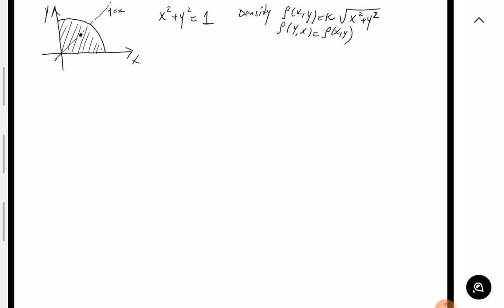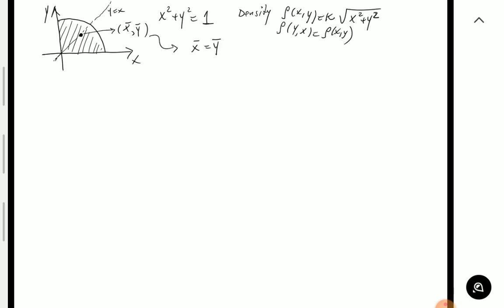That means I know for a fact that the center of mass is located on the line y equals x. Or in other words, the x and y coordinates of the center of mass are the same. So again, I can save computing one of those integrals that are part of the formula for x bar and y bar.